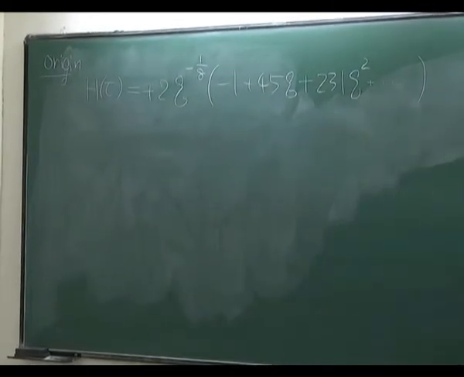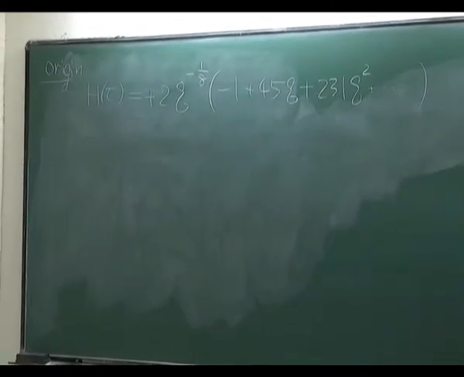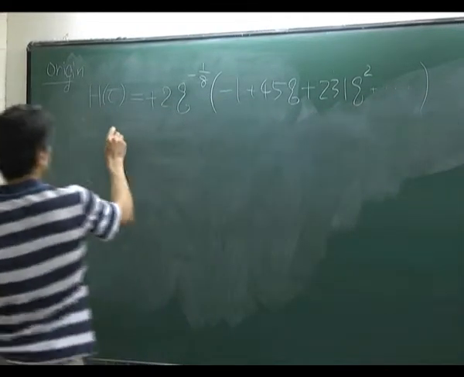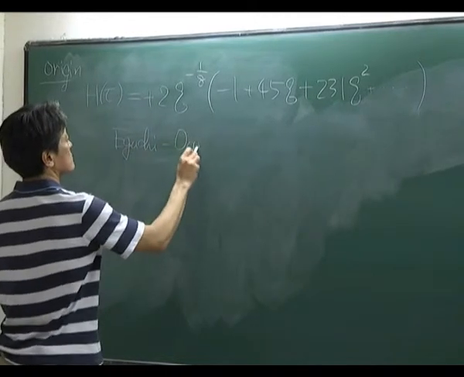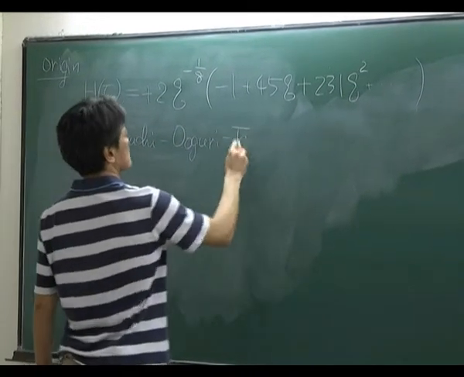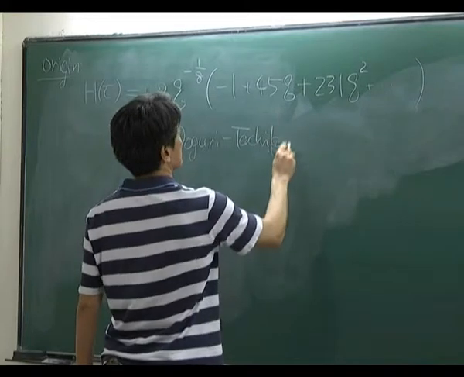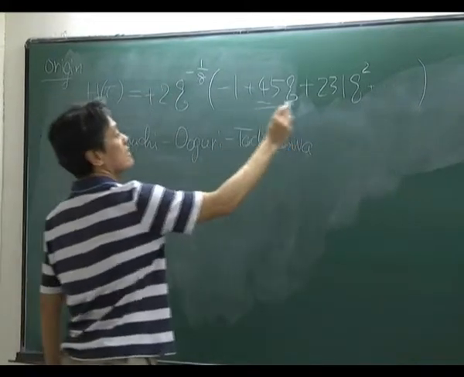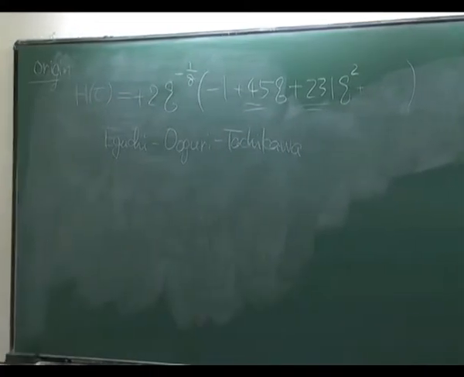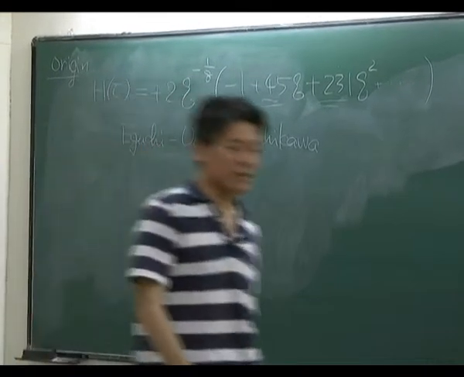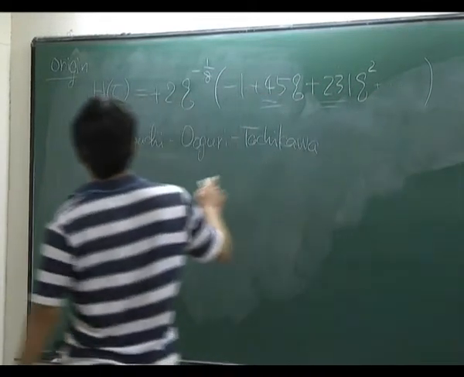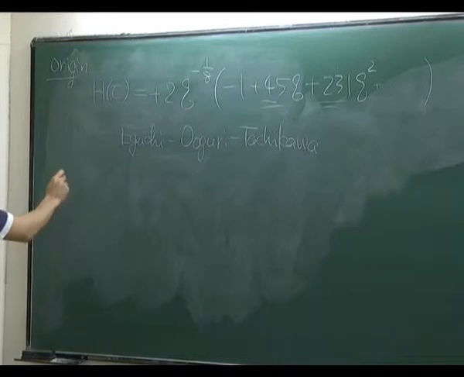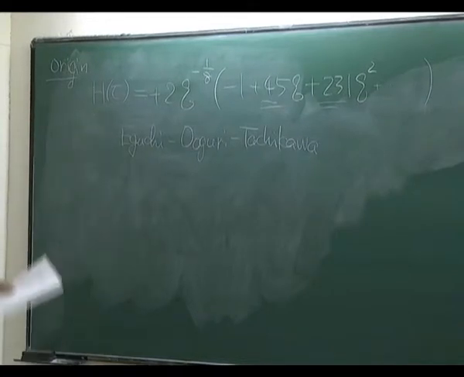This is a Q series, and the observation by Eguchi, Ooguri, Tachikawa is that these numbers are closely related with the dimensions of irreducible representations of M24. So the mathematical fact is that H tau is mock theta functions.